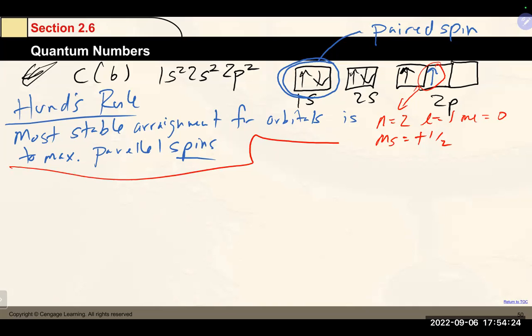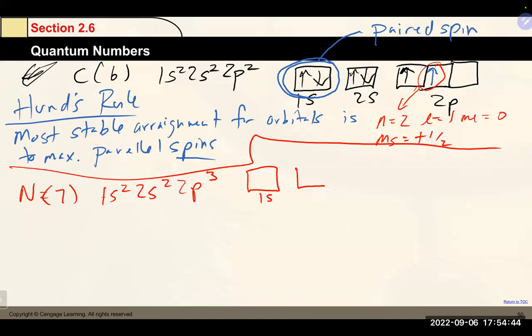All right, might as well continue on, finish out the first little row there. Nitrogen is next, which is 7. So we would have 1s2, 2s2, 2p3. Once again, doing our orbital diagram. Up, down, and to maximize our parallel spin, we're now going to put that third electron over there in that third orbital.